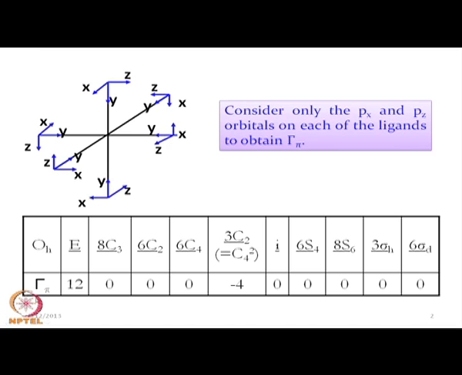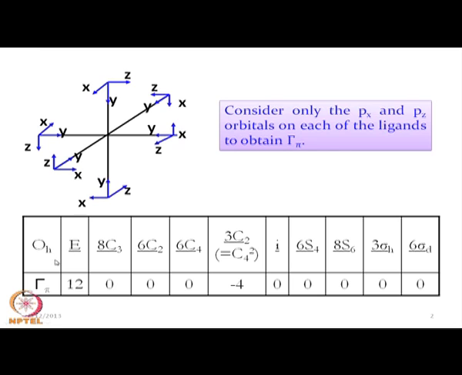So, the reducible representation, the corresponding gamma of pi, is for the pi interaction. The symmetry operation E is therefore 12, and we have the corresponding C2 and all other contributions in terms of the octahedral character table, where all these symmetry elements are present.